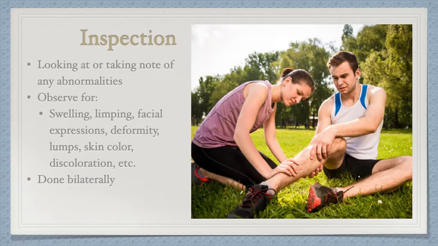Can you see the swelling? Is it black and blue already? Can you see an obvious deformity from the muscle being ripped? So you're just looking to see what you can see. Again, this is another clue in our injury mystery.